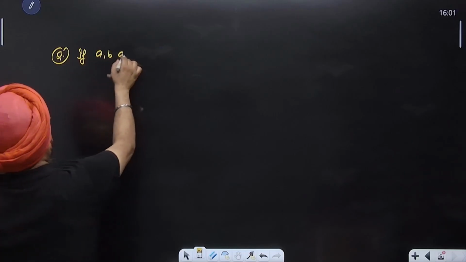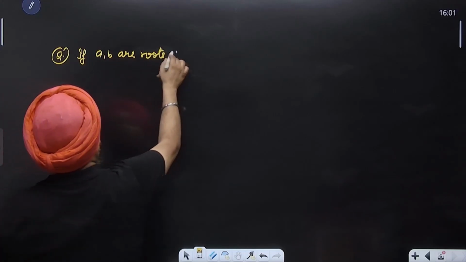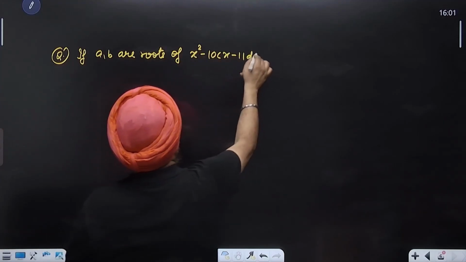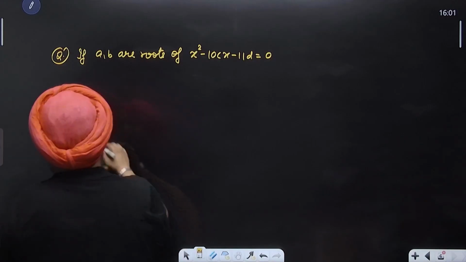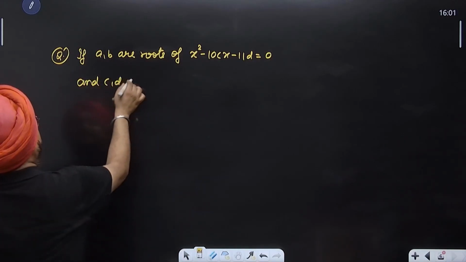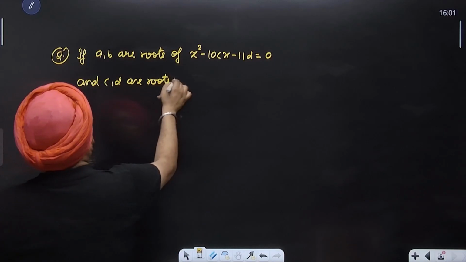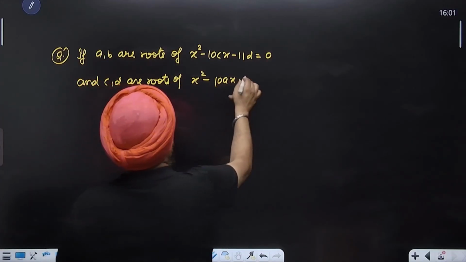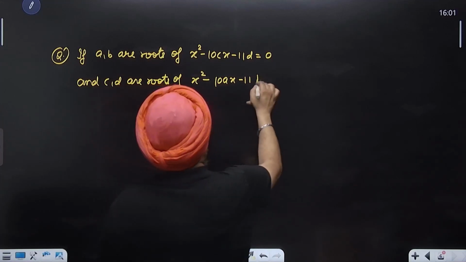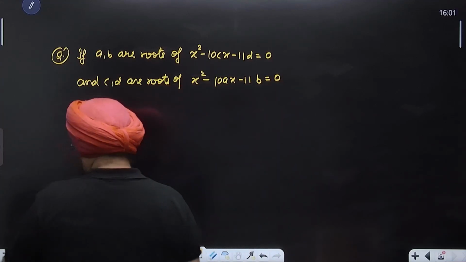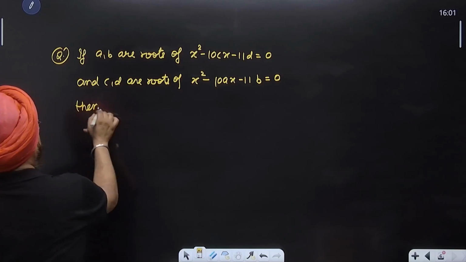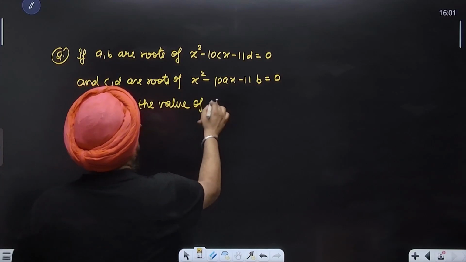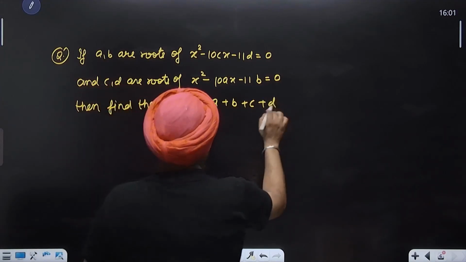If a, b are roots of x square minus 10cx minus 11d equal to 0, and c and d are roots of x square minus 10ax minus 11b equal to 0, then find the value of a plus b plus c plus d.